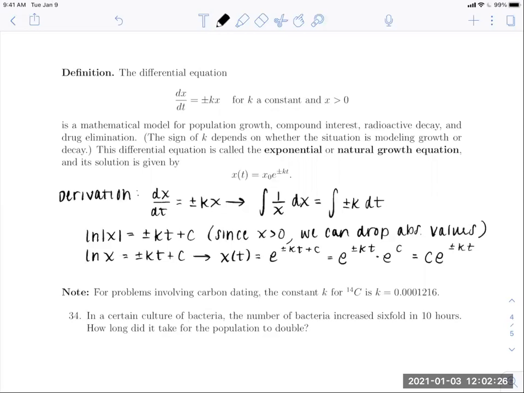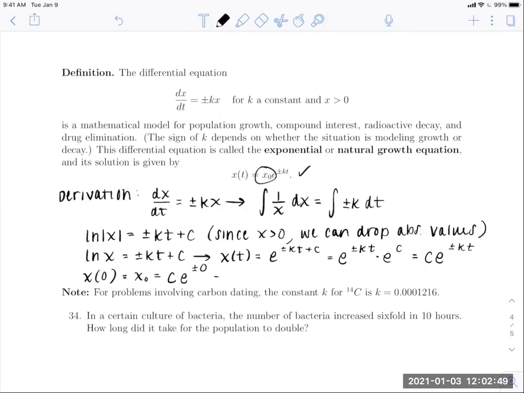All right, so we have essentially solved for our solution. You'll notice the only difference here is that they write that constant as an x naught. That's because what happens if you evaluate x at 0? We typically write that as x naught, and that is c e to the plus minus 0.